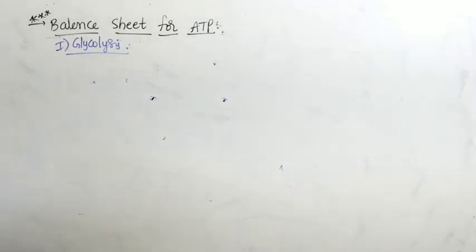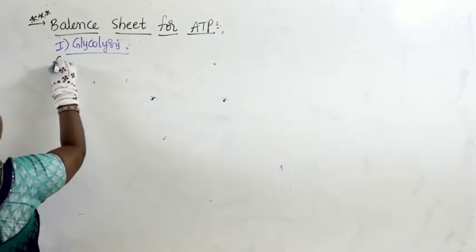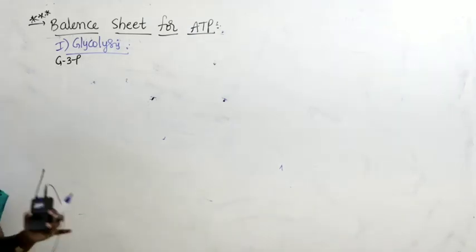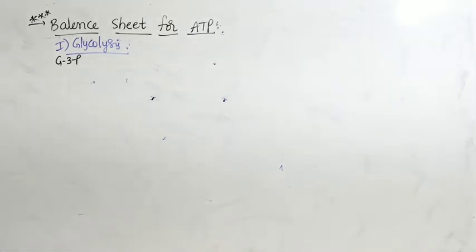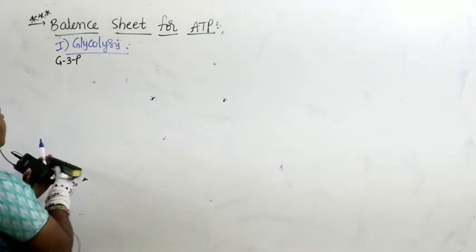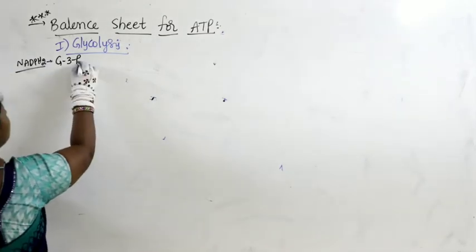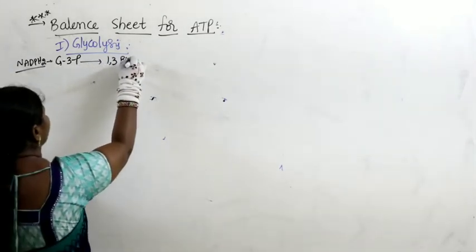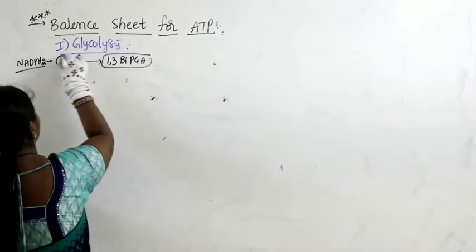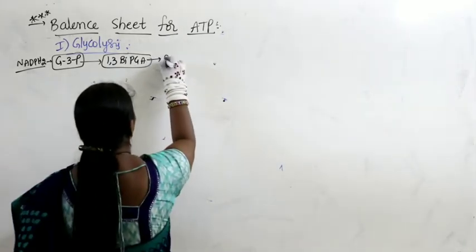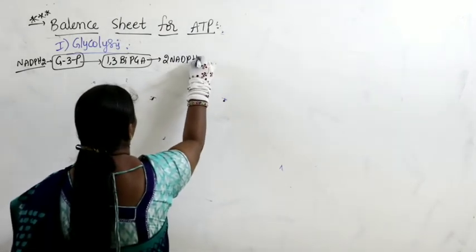In glycolysis, which are the places where ATP is produced? In the conversion of G3P, glyceraldehyde 3-phosphate, to 1,3-bisphosphoglyceric acid, let us take the count for NADPH2. How much energy is produced? 2 NADPH2 is produced.